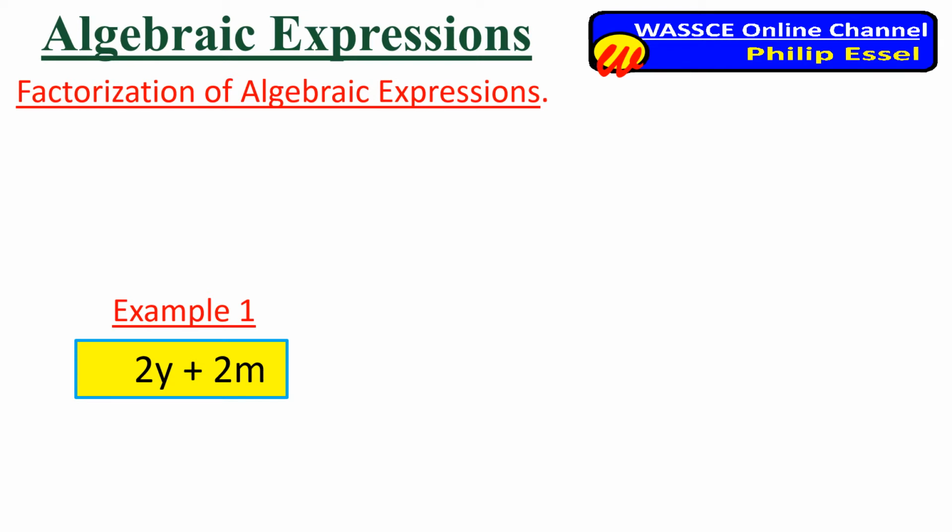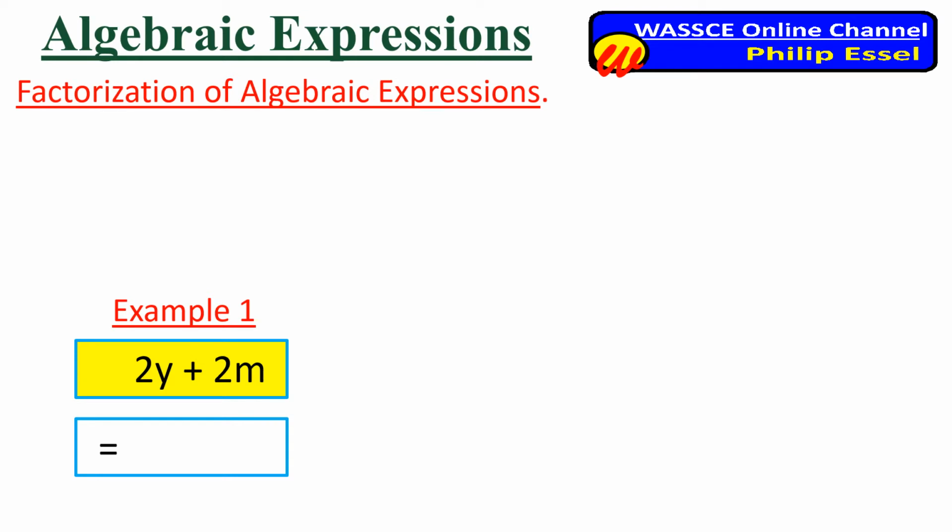They all have the item 2. So you find 2 in 2y, and you'd also find 2 in 2m. This item 2, which is common to both terms of the expression, is what we call the common factor of the two terms.